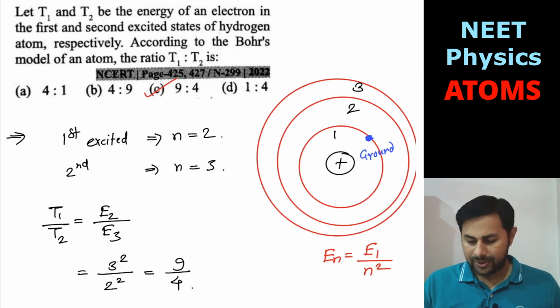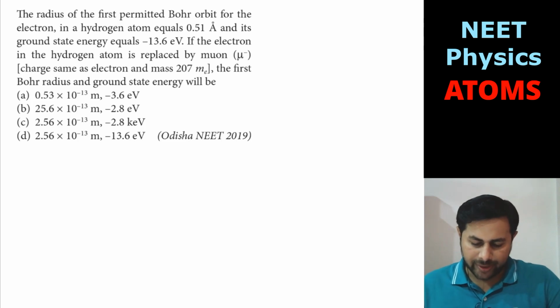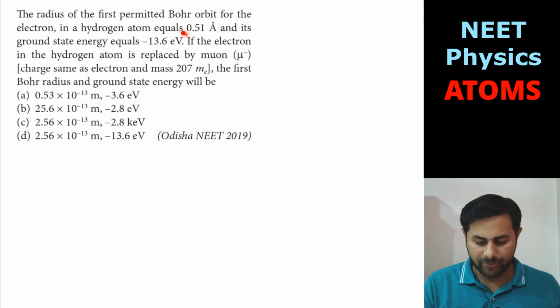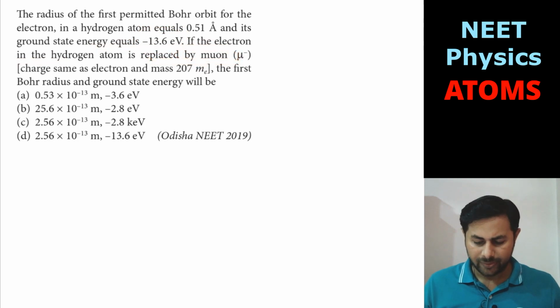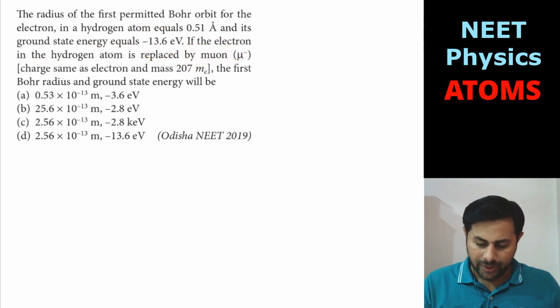This is simple, right? The radius of the first permitted Bohr orbit for electron in the hydrogen atom equals 0.51 angstrom, and the ground state energy equals minus 13.6 electron volts. If the electron in hydrogen atom is replaced by a muon, everything else is the same.